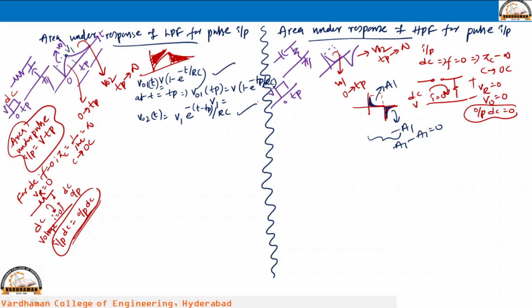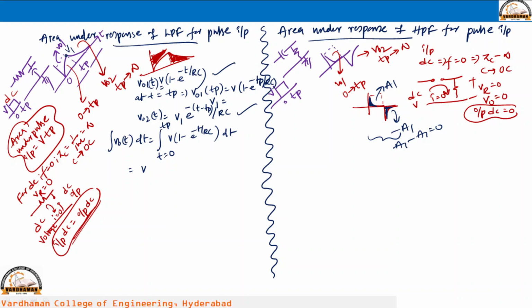Now we have to integrate them to get the area. So I am integrating V01 of t with respect to t. V into 1 minus e power minus t by RC, this is actually V01 of t dt. The limits are t is equal to 0 to Tp. I can take V constant.